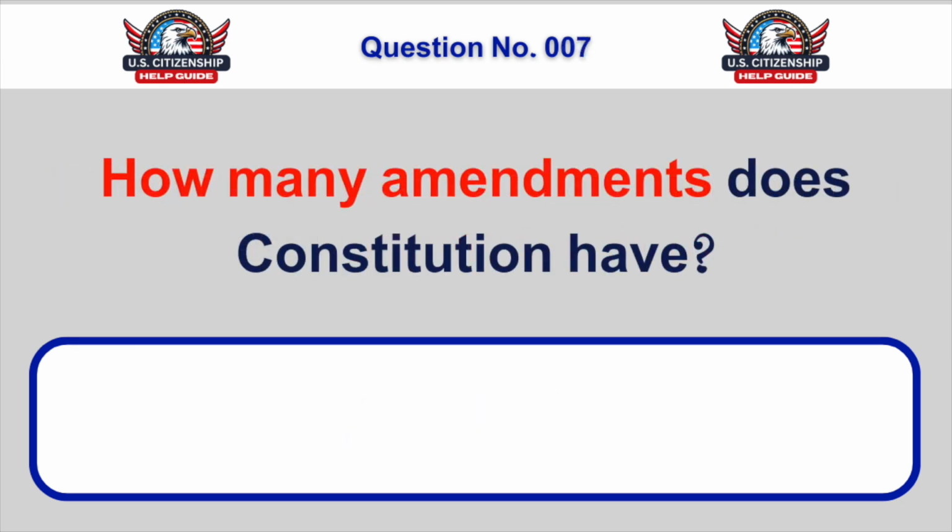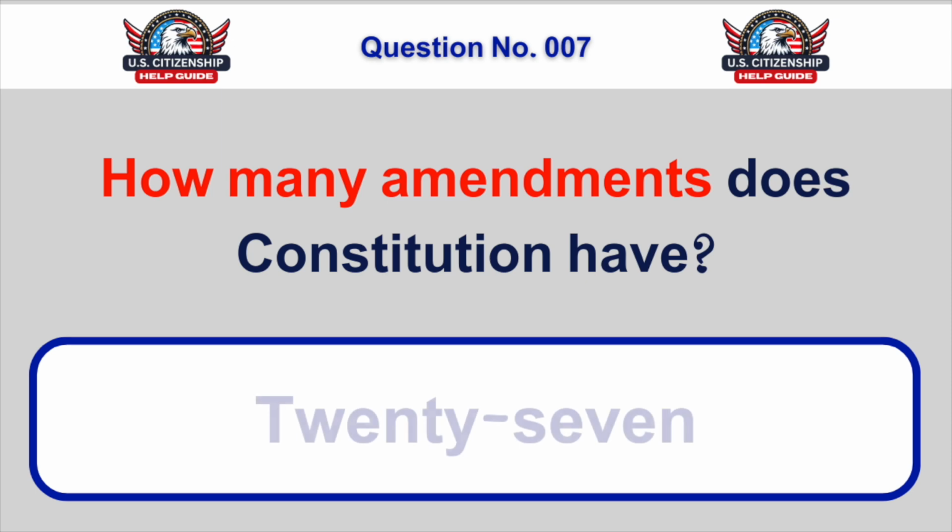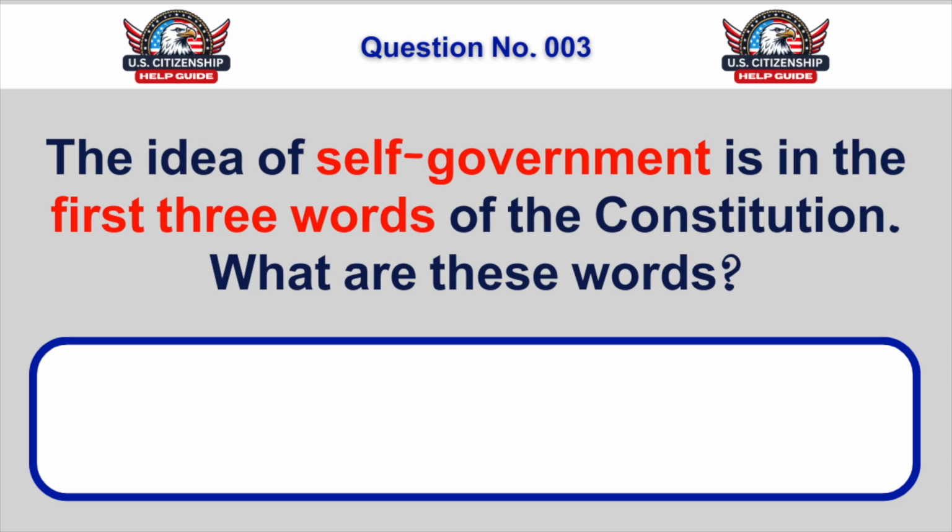How many amendments does the Constitution have? 27. The idea of self-government is in the first 3 words of the Constitution. What are these words?